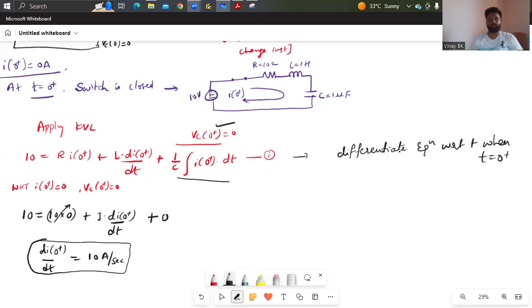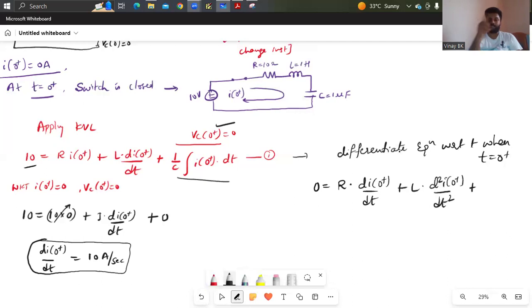Differentiation of 10 is 0, equals R into the differentiation of I of 0 plus, which is di of 0 plus divided by dt, plus L into the differentiation of di of 0 plus by dt, which is d square I of 0 plus divided by dt square.